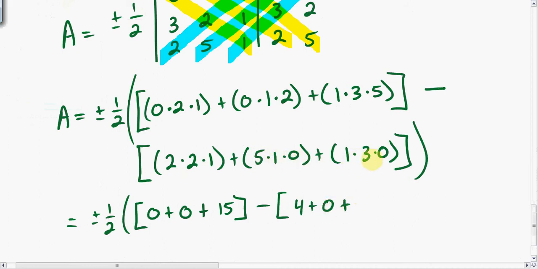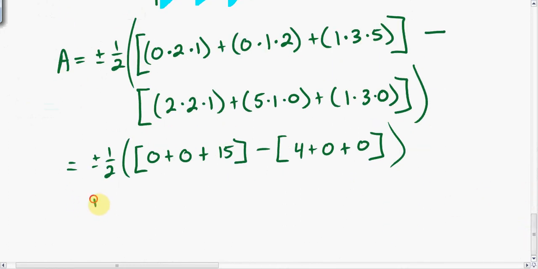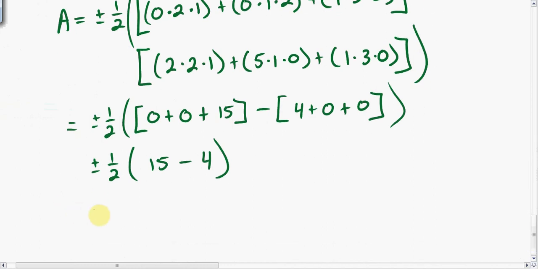Add that to 1 times 3 times 0, which is 0. So we've got plus or minus 1/2 times 0 plus 0 plus 15 is 15, minus 4. So we've got plus or minus 1/2 times 15 minus 4, which is 11.